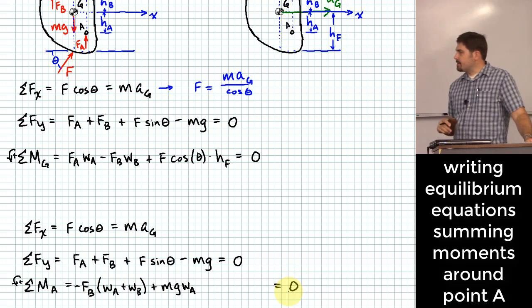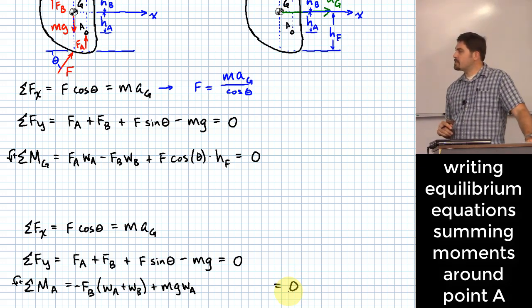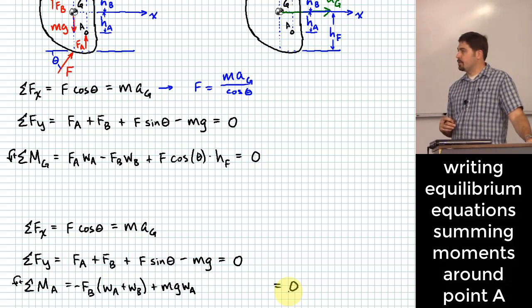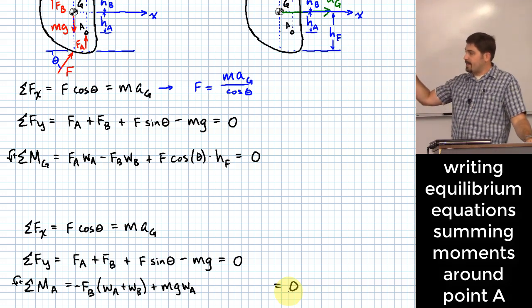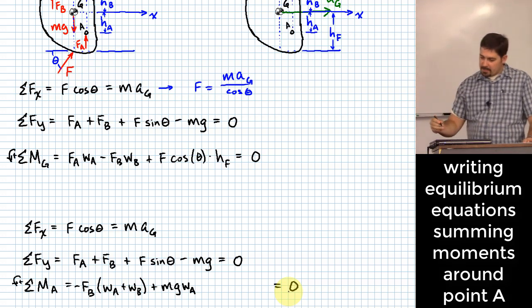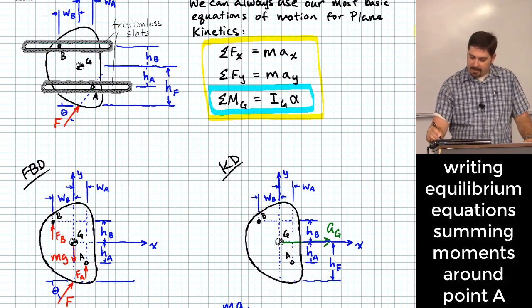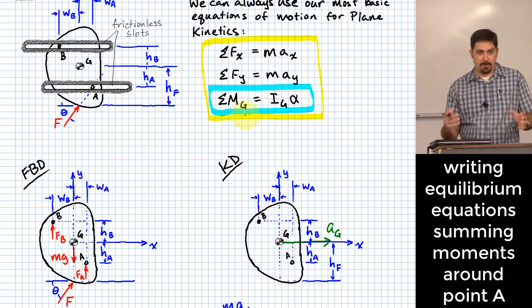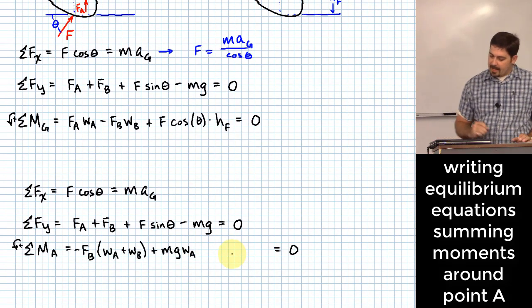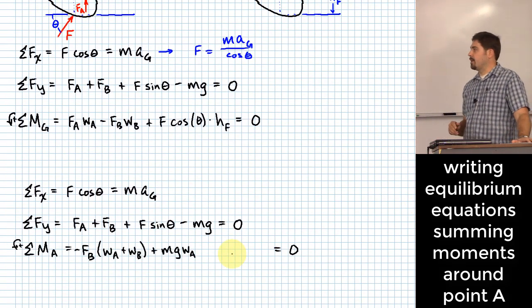But one of the things that bothers me about this is that these two sets of equations cannot both be true, right? It's unlikely that both of these equations are true. So there's probably going to need to be something that I add into this second set that is more suspect because it's not applying the rules that I said right at the beginning where I'm summing moments around G. I'm probably missing something that I need to add back into this equation right here.